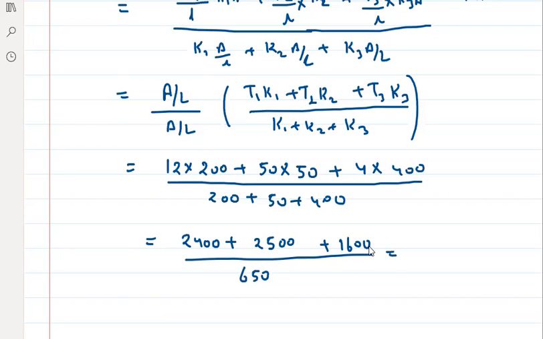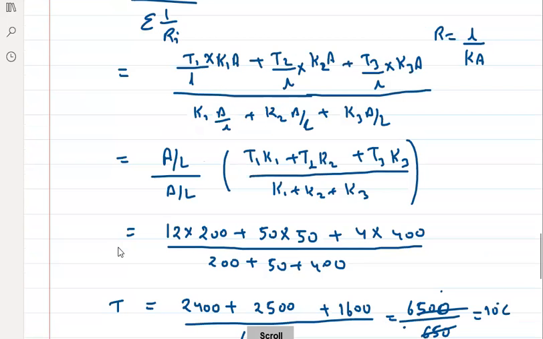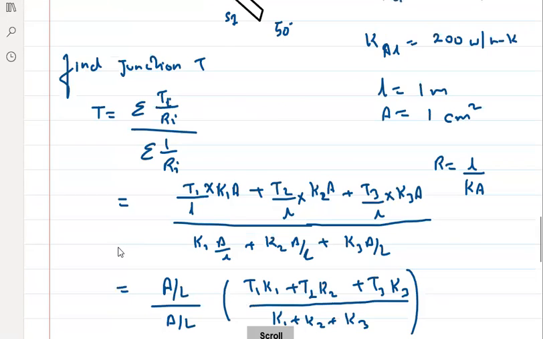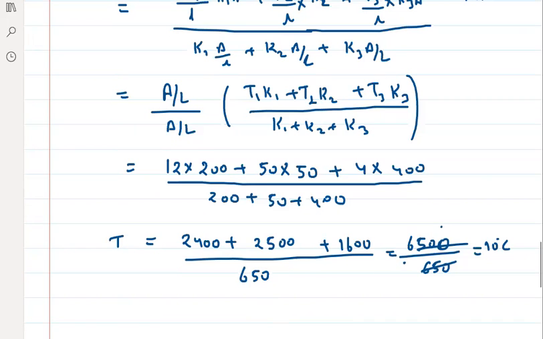If you add all the three, we will get 6500 divided by 650, which is 10 degrees centigrade. Yes or no? Anyone have any issue in this? This is method 1 to solve.